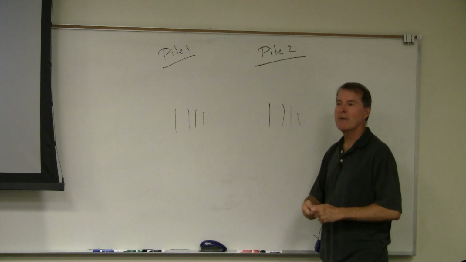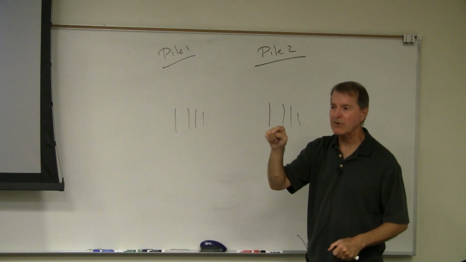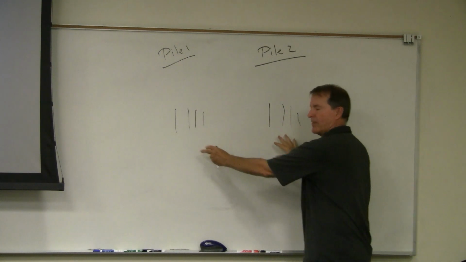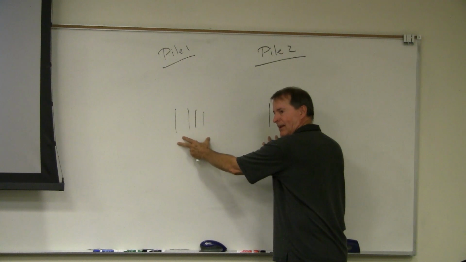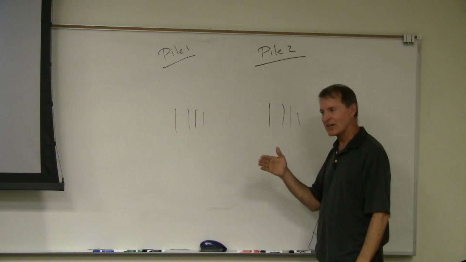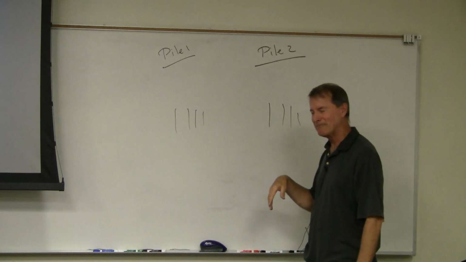The strategy is to make your opponent have the same number. Equal numbers, equally weighted. It's kind of like tic-tac-toe. Once you know the strategy, it's a pretty simple-minded game.